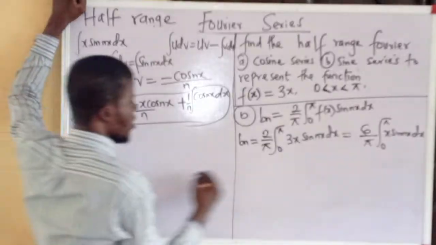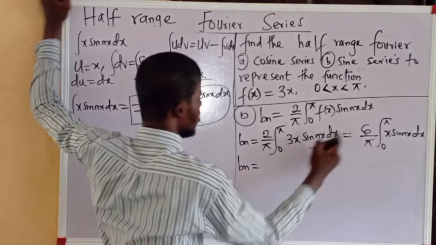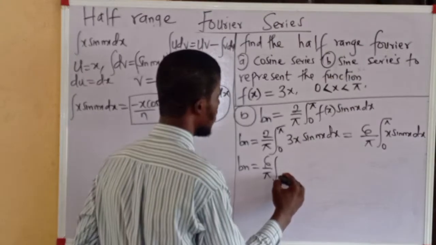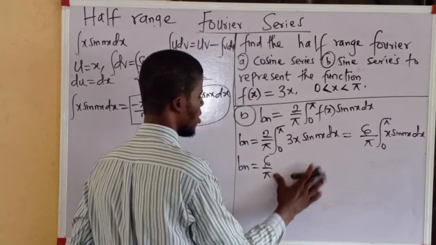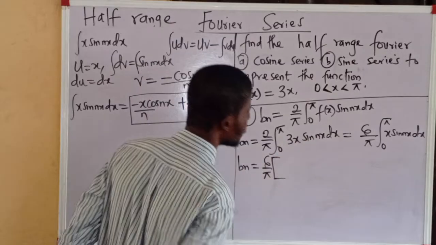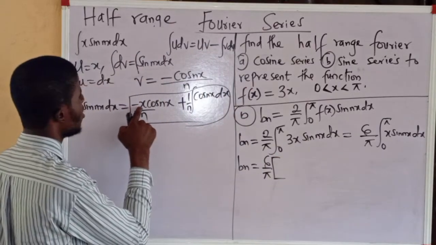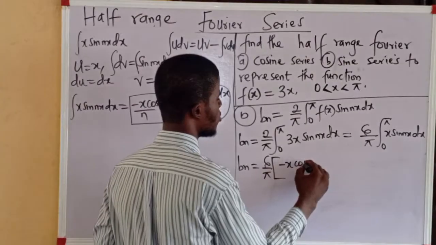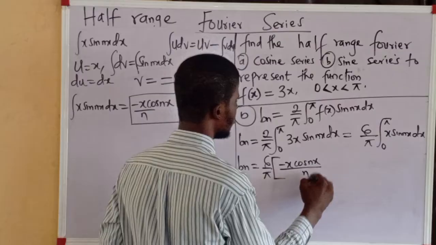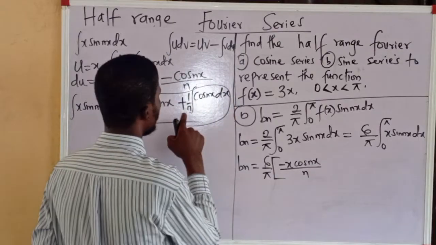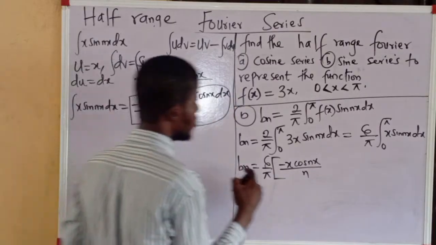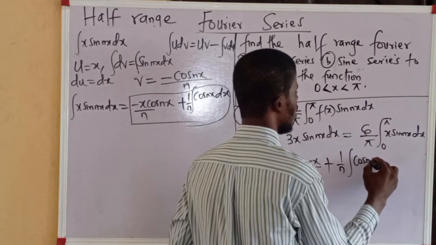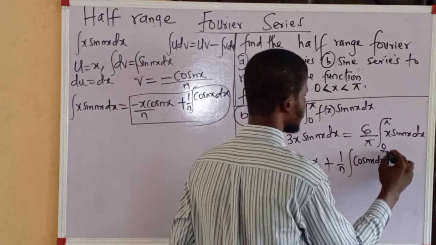So we have b sub n equal to 6 over pi times the integral of minus x cos nx over n plus 1 over n times the integral of cos nx dx.